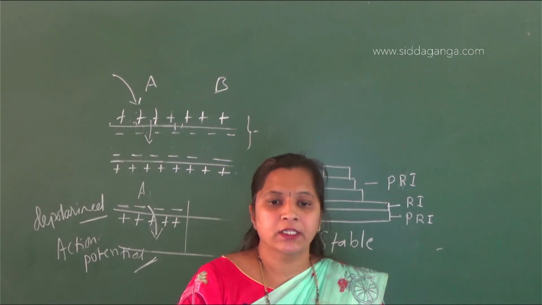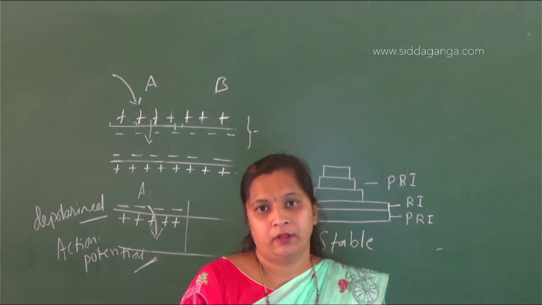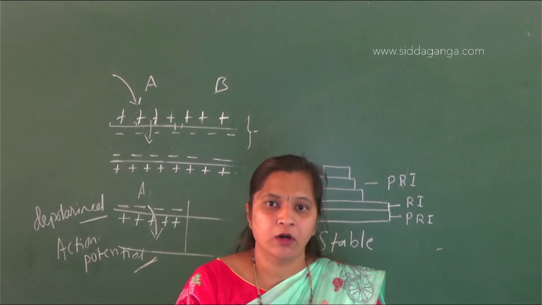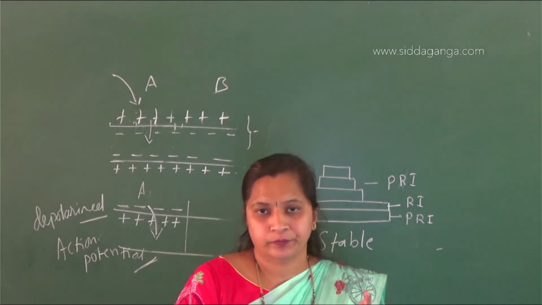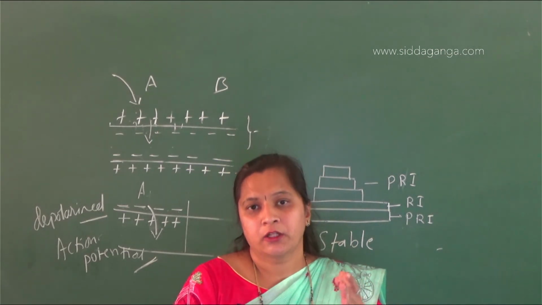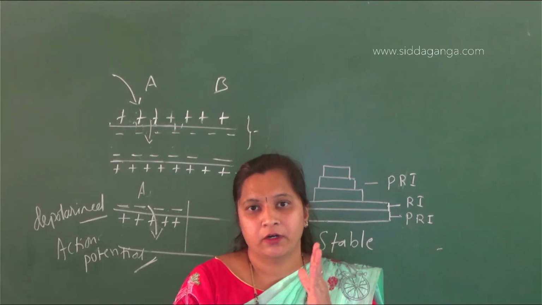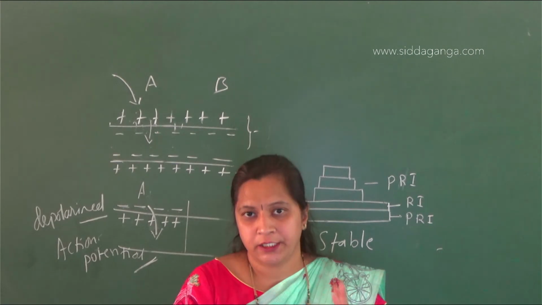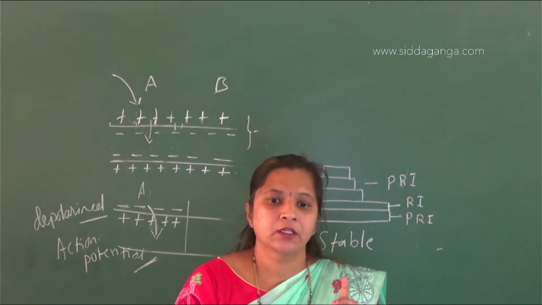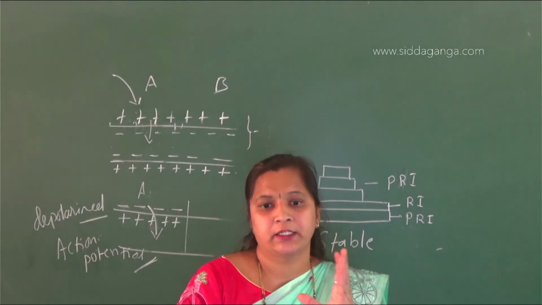One such adaptation is shown by parasites. So what are parasites? Parasites are organisms which are dependent on other species for their food and shelter. The species which gives food and shelter to the parasite is called a host.